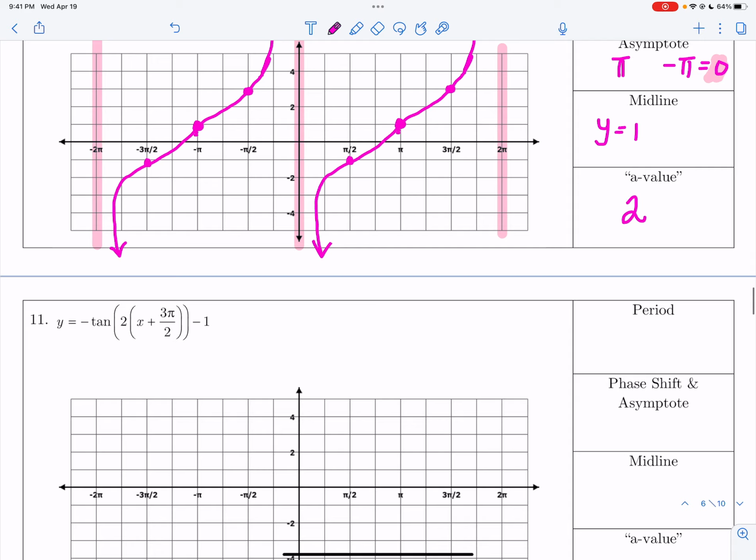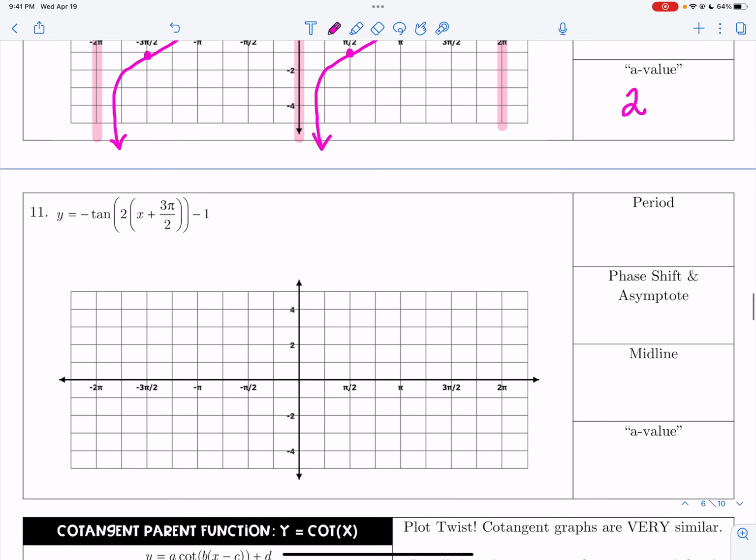All right, number 11 is a -1, but it's going to be the same process, so nothing to worry about. Pi over b, pi over 2 being your period. Your phase shift, well, I know that I'm going to go minus 3 pi over 2. And then I know that my asymptote is in the form of pi over 2b.